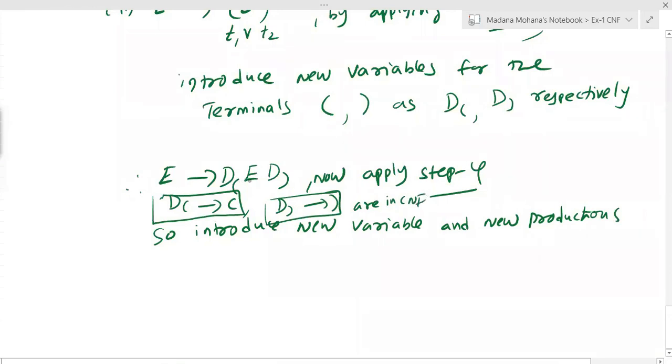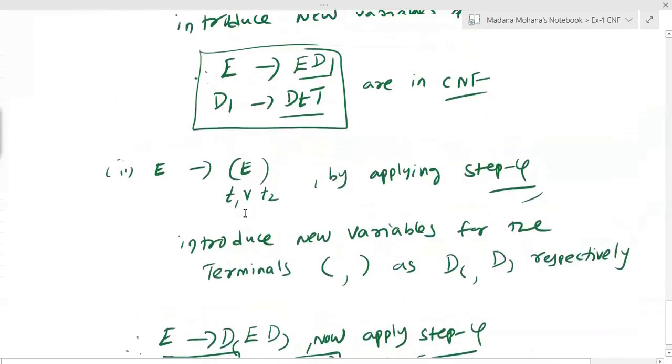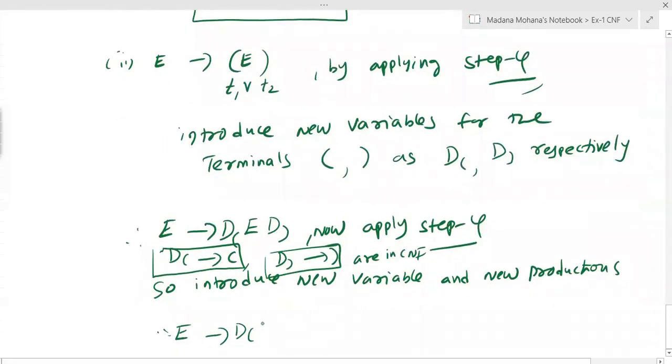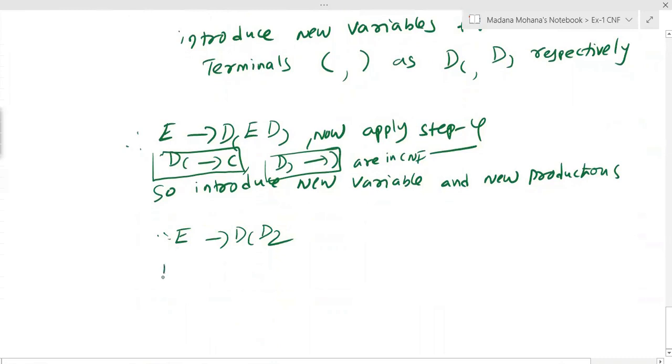Now you can split the three variables. Therefore, E derives D left brace, let us say start with new variable. Here we have D1, now we can take D2. Now D2 derives E D right brace, where D2 derives E D suffix right brace.